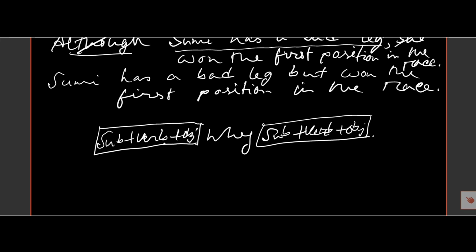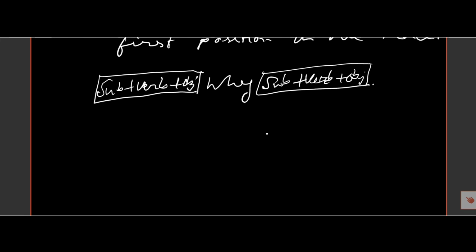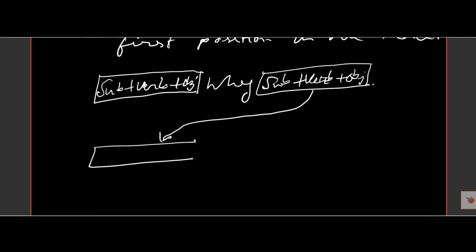If there is y as a conjunction in a complex sentence, then we must begin the sentence with the part after y, the part which is after y, we must begin from this part.